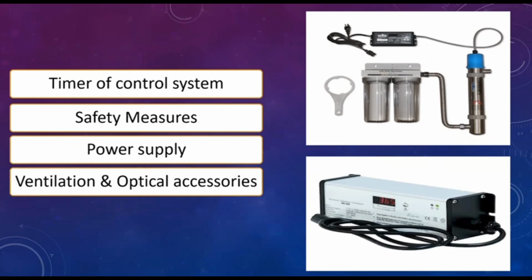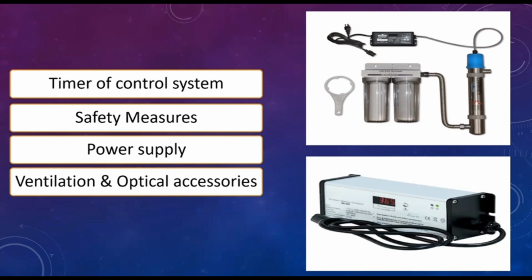Next is the timer or control system. A timer or control system is necessary to regulate the duration of UV exposure. This allows us to set a specific time interval for the UV light to be active to ensure consistent and effective disinfection. Next is safety measures.